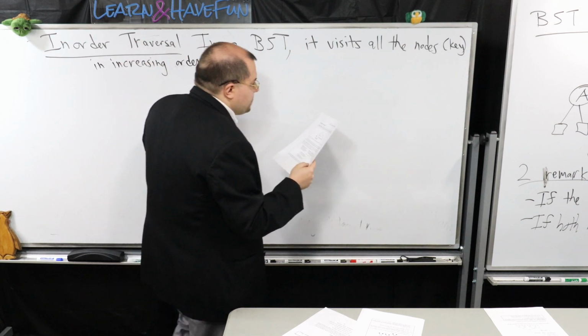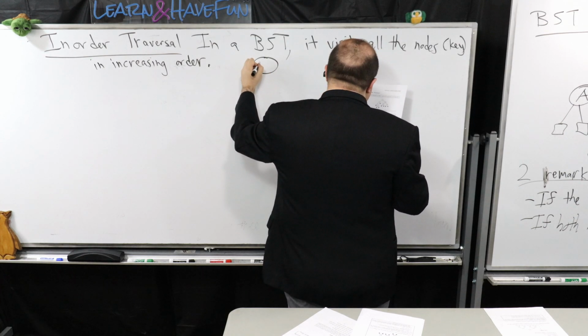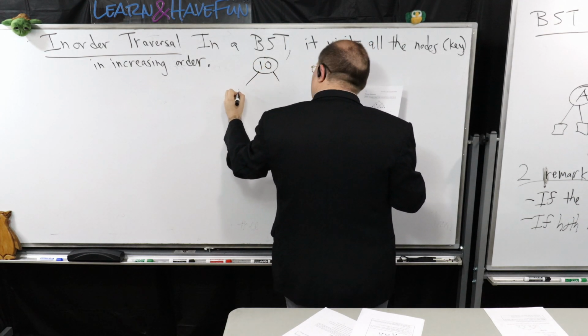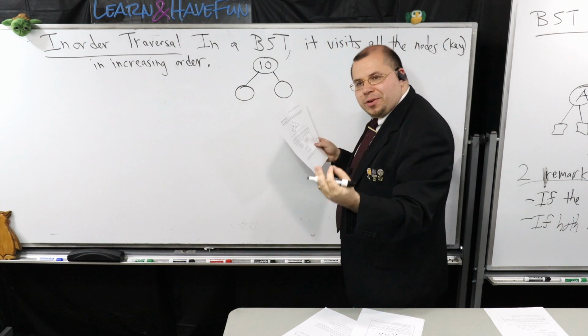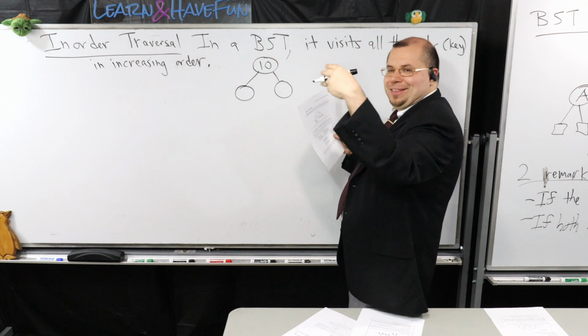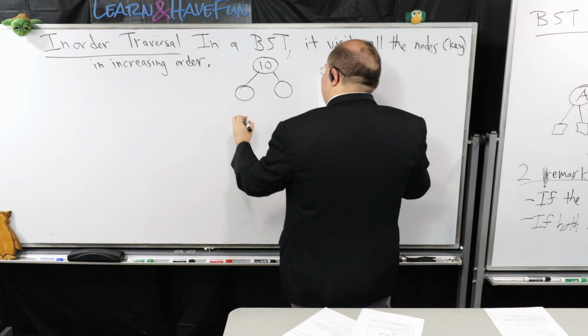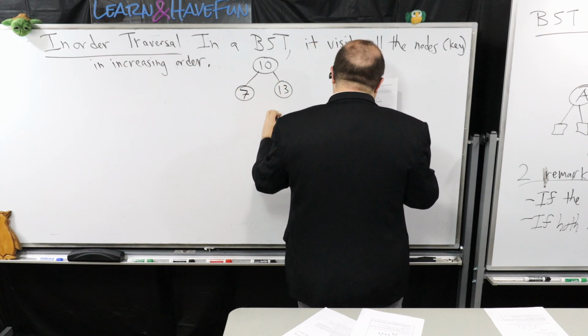So, suppose I give you this binary search tree. The root is going to be 10. You're going to find very often, just by the way I draw it, you should be able to tell very quickly what the root should be. Notice I always draw it at the top like this. But remember, if ever it's unclear, just clarify what the root is.